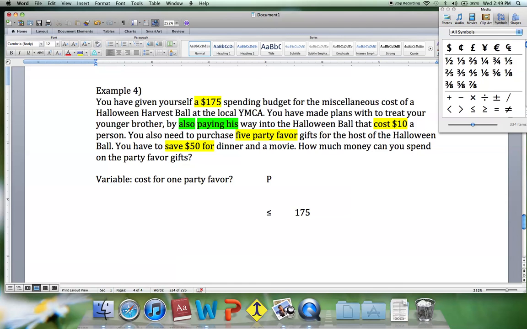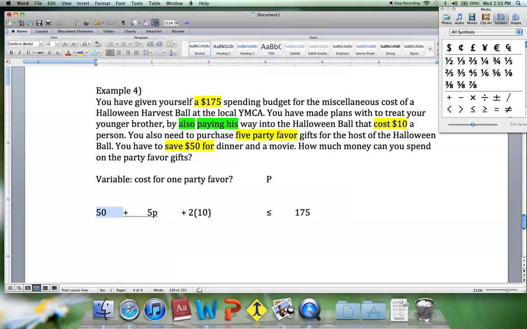So we know that we are going to need to save $50 for dinner and a movie. And we need to add that we need 5 party favor gifts. And the 5 goes with 5 party favors, and P was the unknown because we don't know how much they are. And then you're buying 2 tickets at $10 a piece, the ticket for yourself and the ticket for your brother.